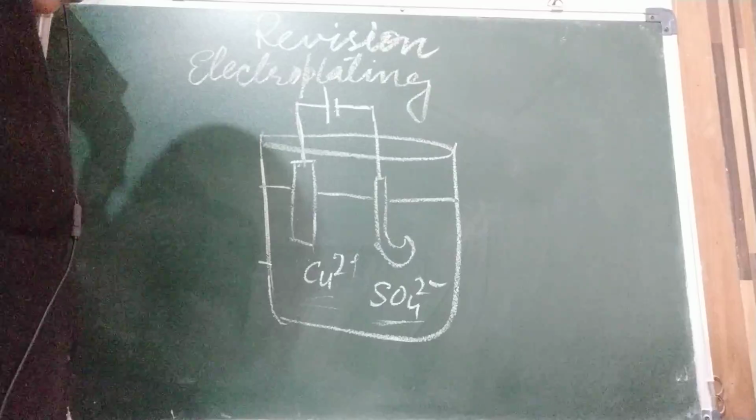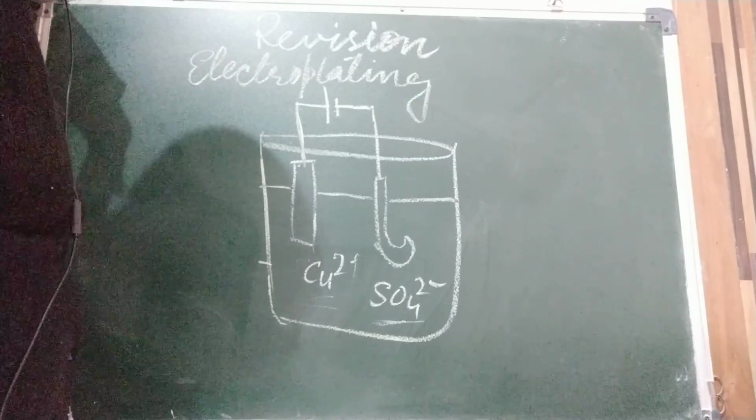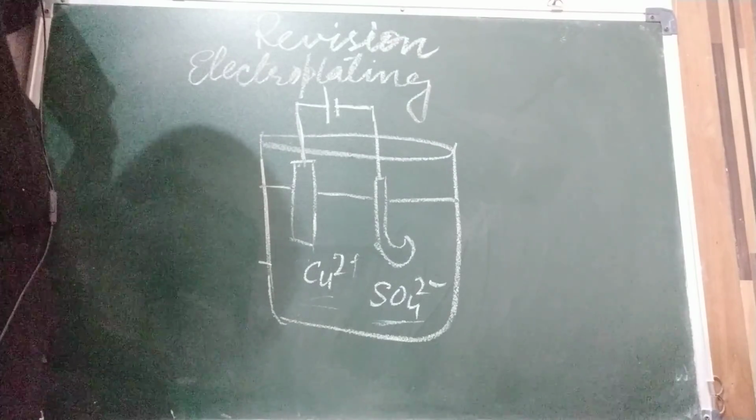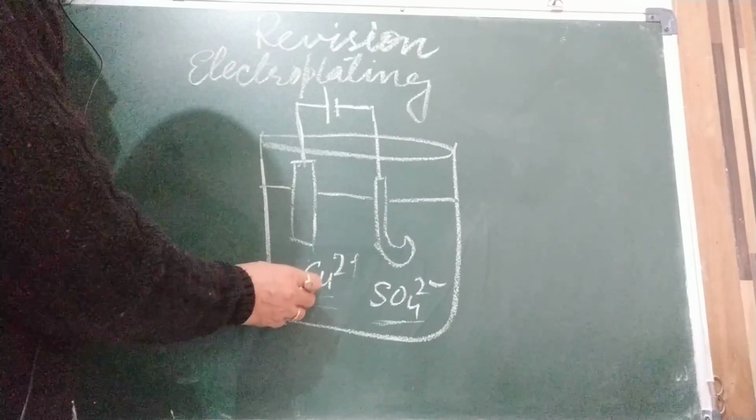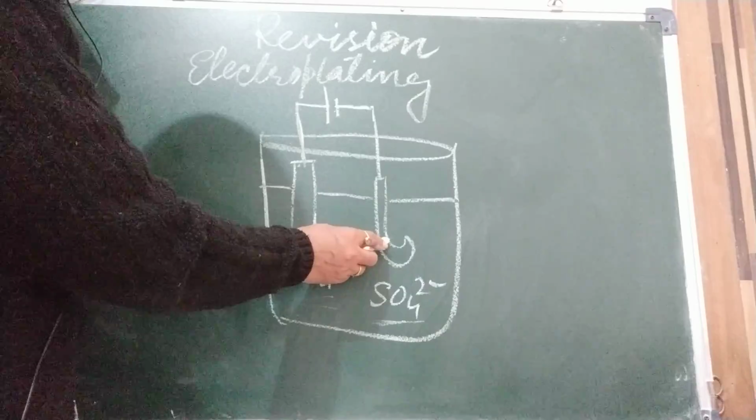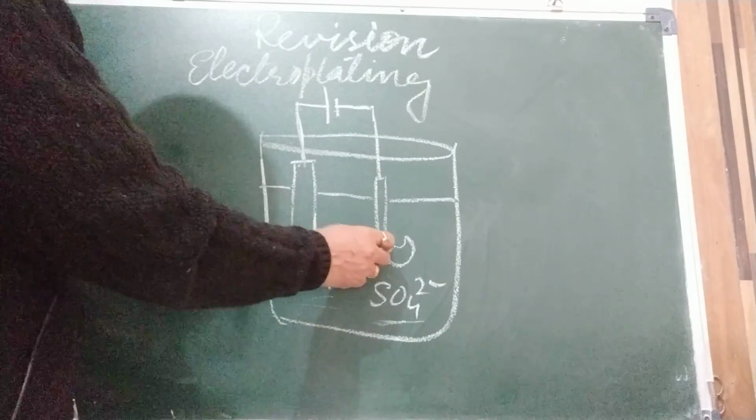When an electric current is passed through the solution, what happens? The copper ions, or cations, move toward the cathode and pick up electrons.